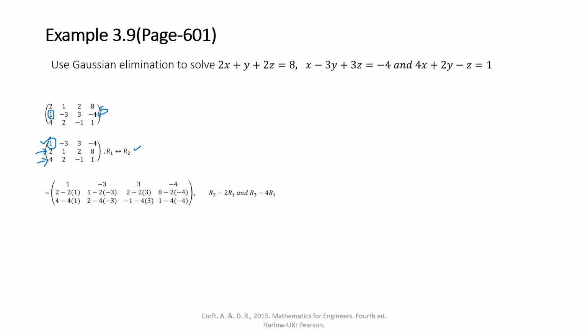So from the row 2, this 2 can be made 0 if we subtract from it the first row element multiplied by 2.